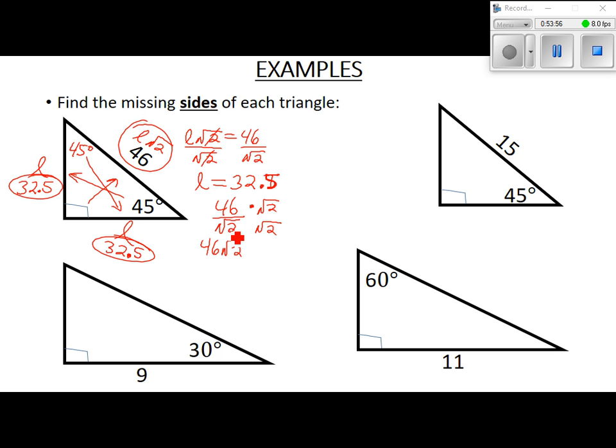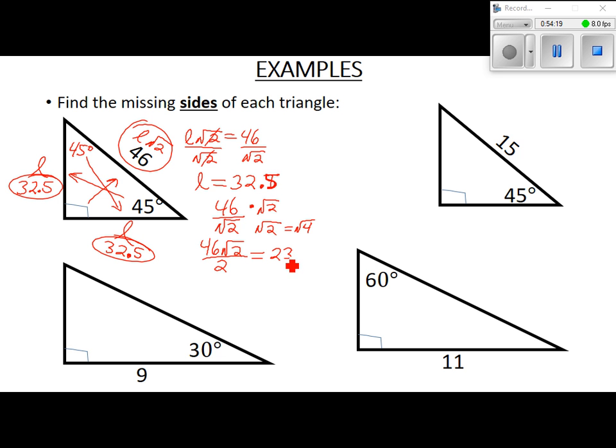On bottom, what's the square root of 2 times the square root of 2? Square root of 4. What is the square root of 4? 2. Then we can divide these two. And you'll see a pattern here. If you see that pattern, you really don't have to do this every time. What's 46 divided by 2?